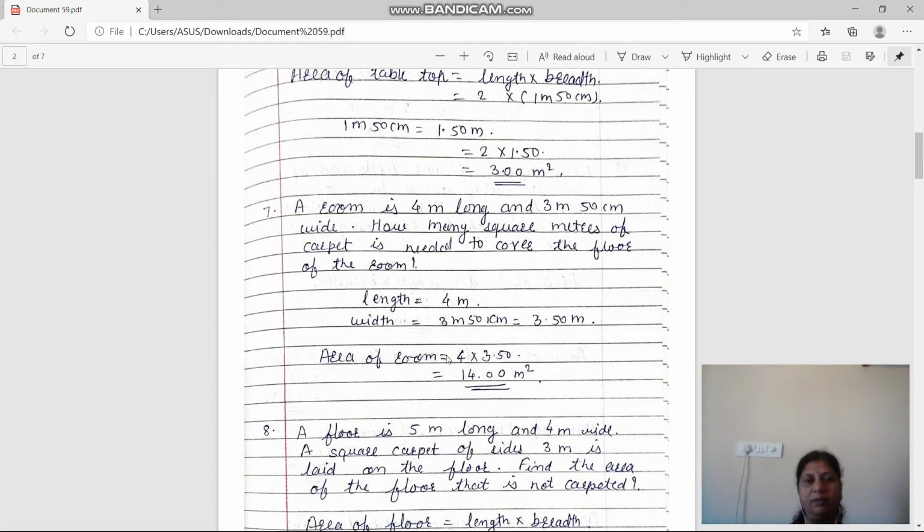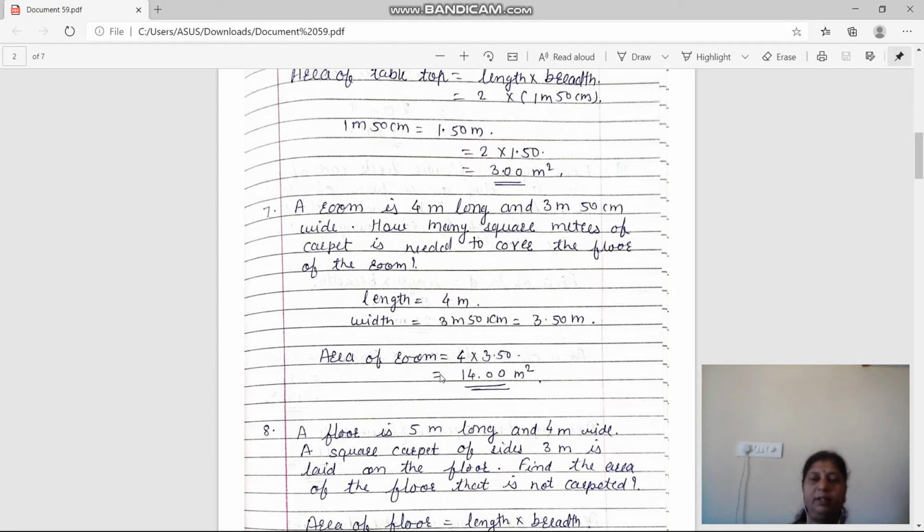So for the area of the room, we have to find length and width. Length is given in meter, so we have to convert the width. 3 meter 50 centimeter, we convert into meter. So it is 3.50 meter. So area of room is equal to 4 multiplied by 3.50.